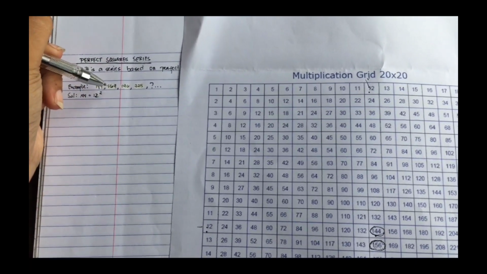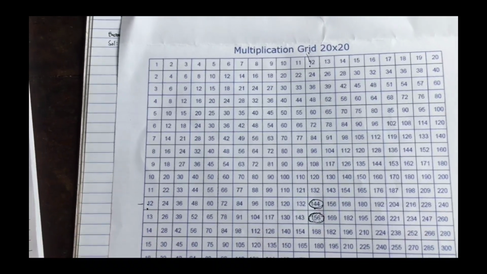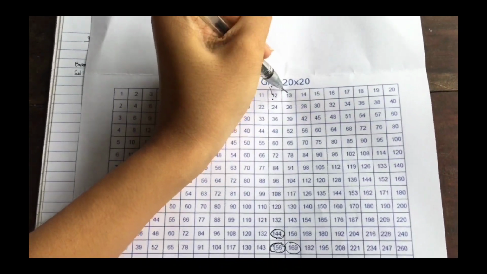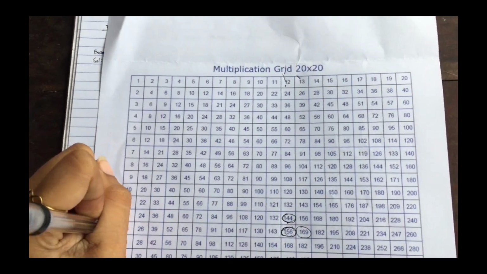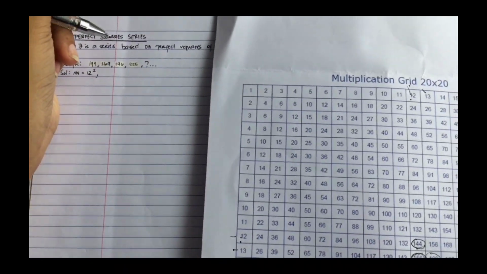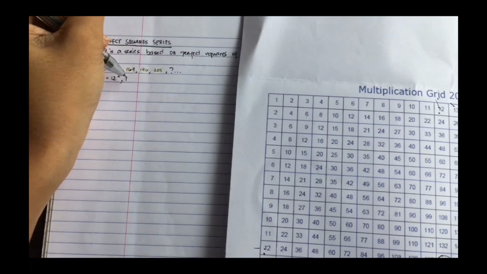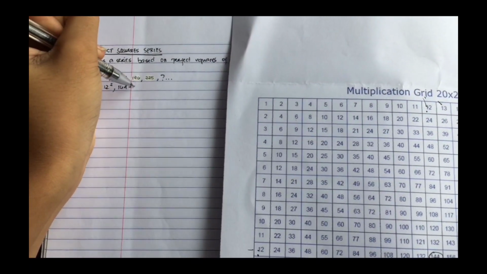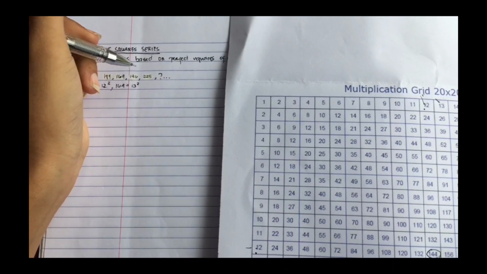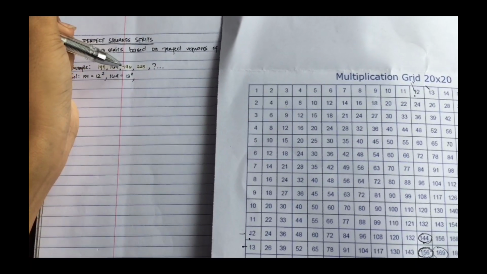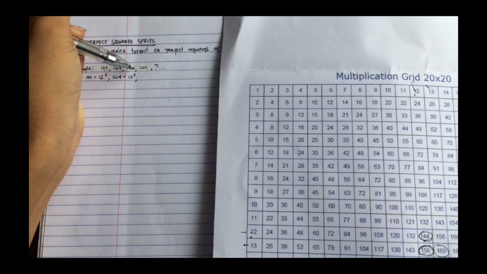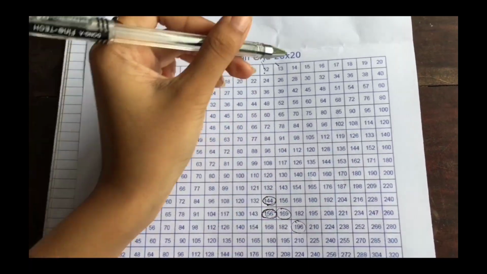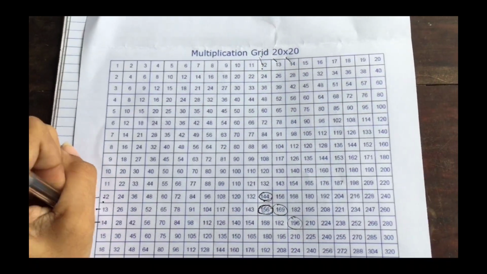Next is the 169. So 169 was placed between the equal integers 13 upper times table and 13 lower times table. So 169 is equal to 13 square. And then next is the 196. So 196 was placed between 14th upper times table and 14th lower times table.